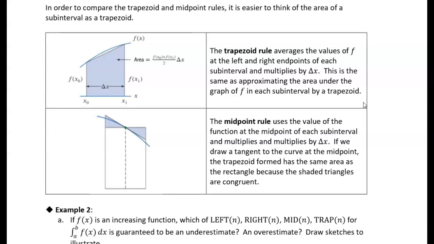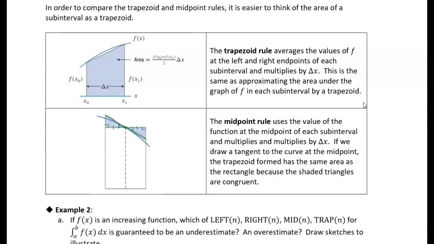But if I draw a tangent to the curve at the midpoint, that's this line here, you can see we get these triangles, and we have a couple of vertical angles right here. We also know that this is the midpoint, so this leg is the same length as that leg. And we also know that we're estimating with rectangles, so this has to be a right angle.